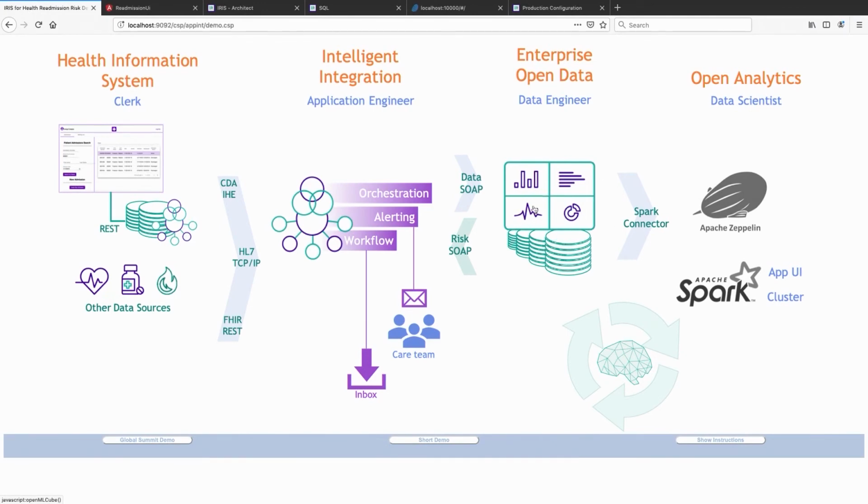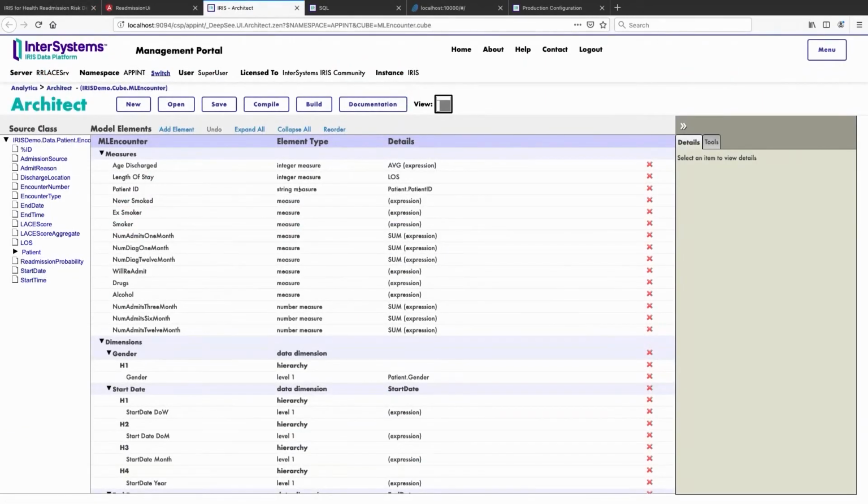On the data lake is where I'm transforming those tables, aggregating, and then preparing for machine learning. We can look at this. I use DeepC, and I use IRIS Architect to do the aggregation. So it's really easy. You know DeepC, you know IRIS Architect.